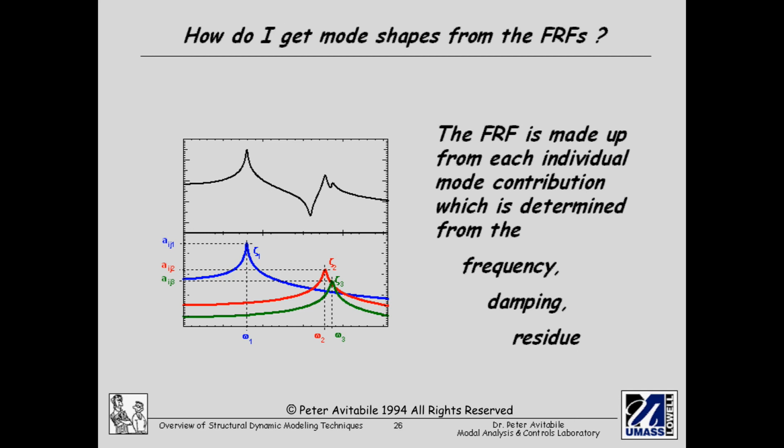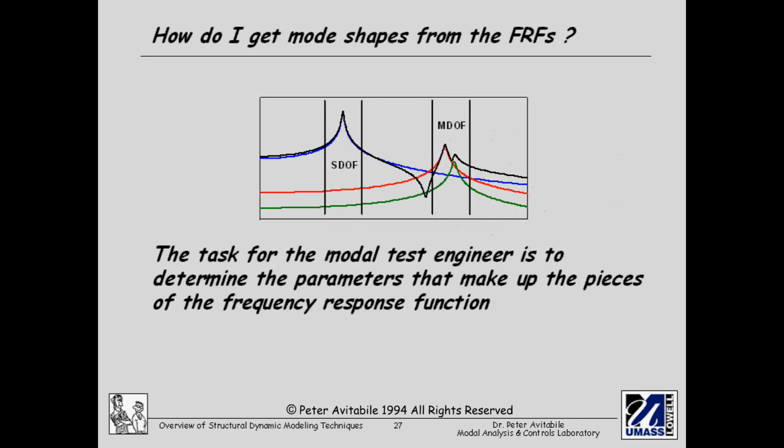So the response function I've shown here in black is really the linear combination of the response of the system due to the effects of all the modes of the system. What I have in the lower plot is the mathematical decomposition of that measured function, trying to tell me how this response function is controlled by certain frequencies and certain mode shapes of the system.